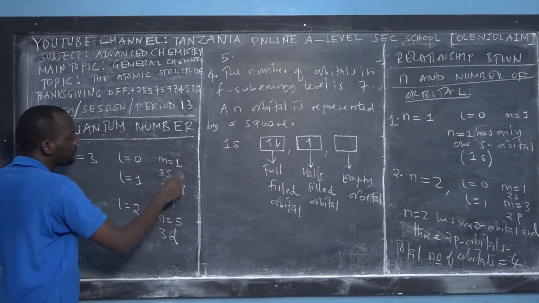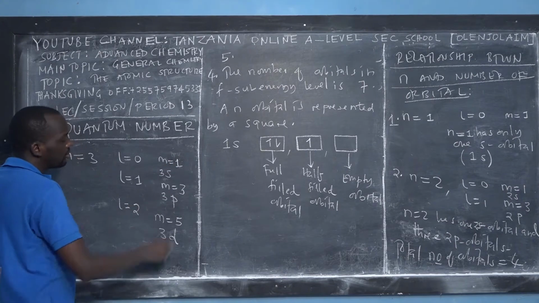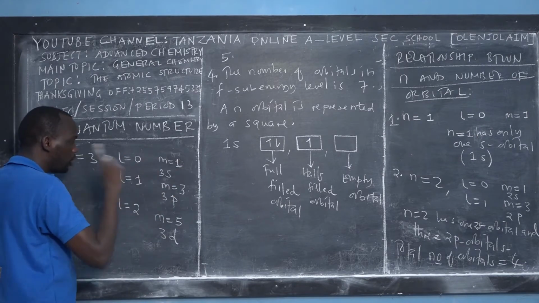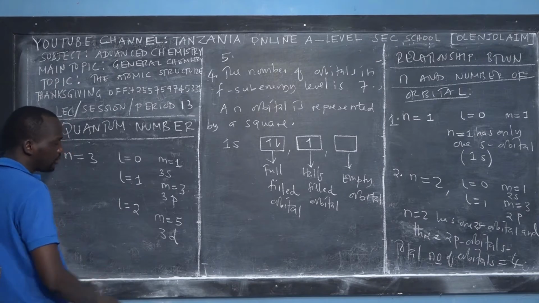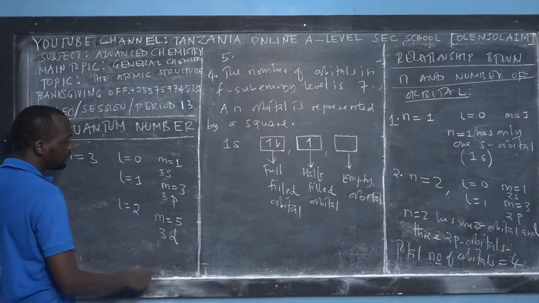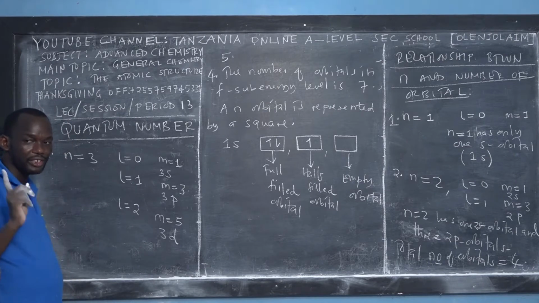So listen. Here we have 1 orbital of the s subenergy level, 3 orbitals of the p subenergy level, and 5 orbitals of the d subenergy level.